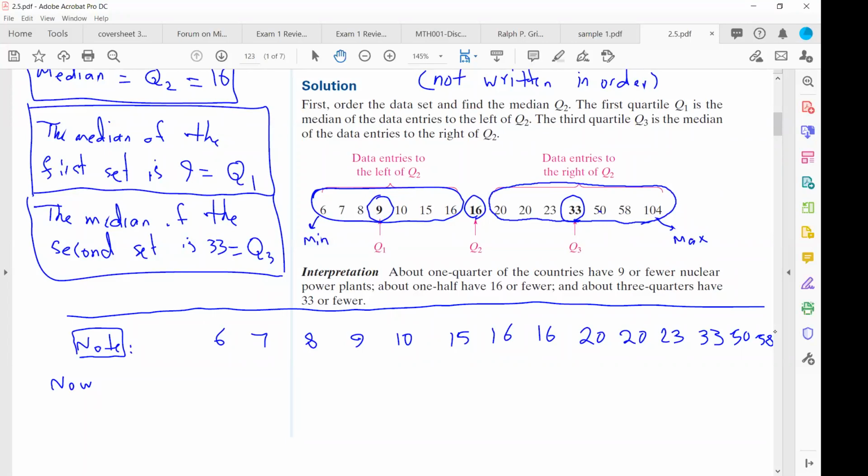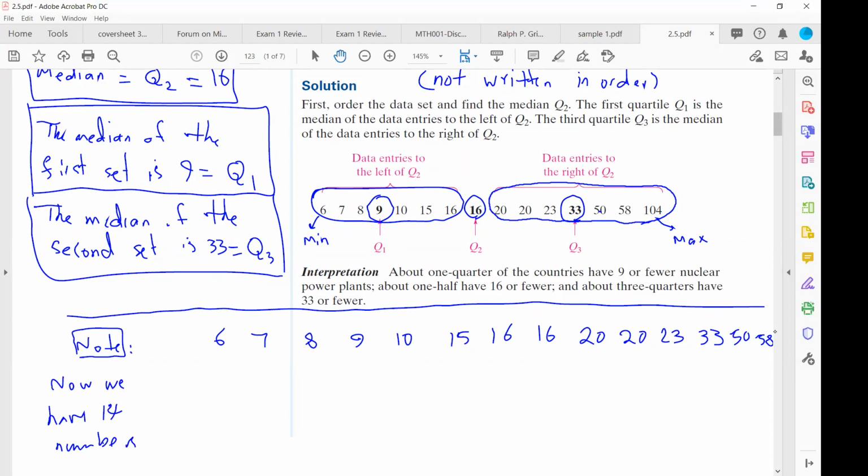Guys, this is a note if you have an even number of entries in your collection. Now we have 14 entries in our collection. 14 numbers.